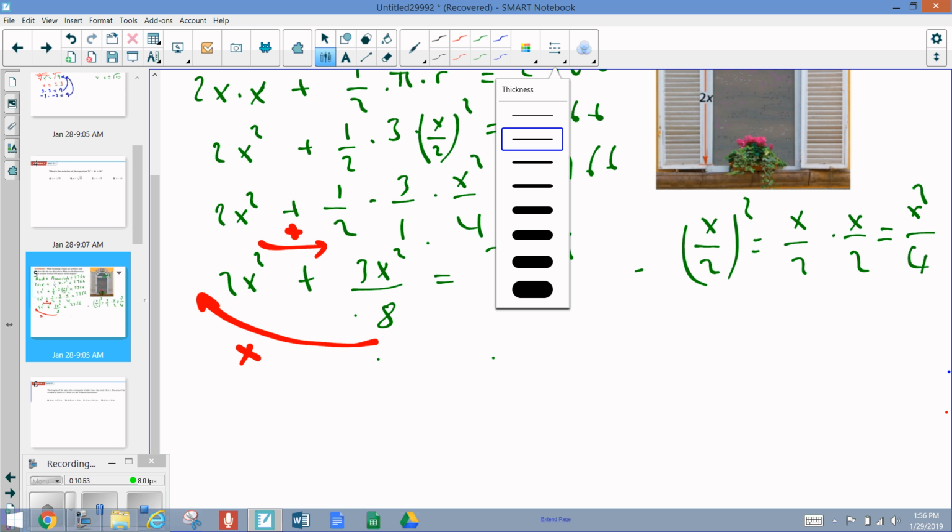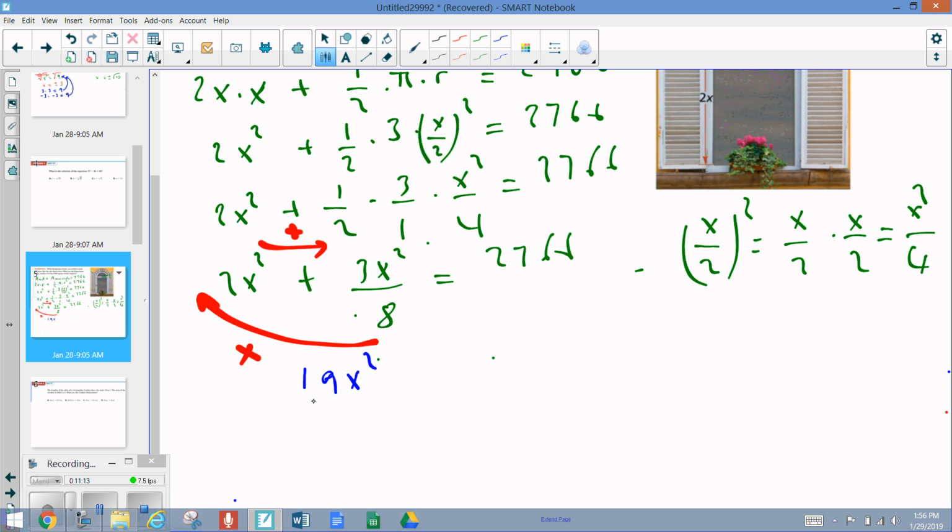Multiply 2 of them. 16x squared plus 3x squared is 19x squared over what? So 2 times 8 is 16x squared, plus 3x squared gives 19x squared.